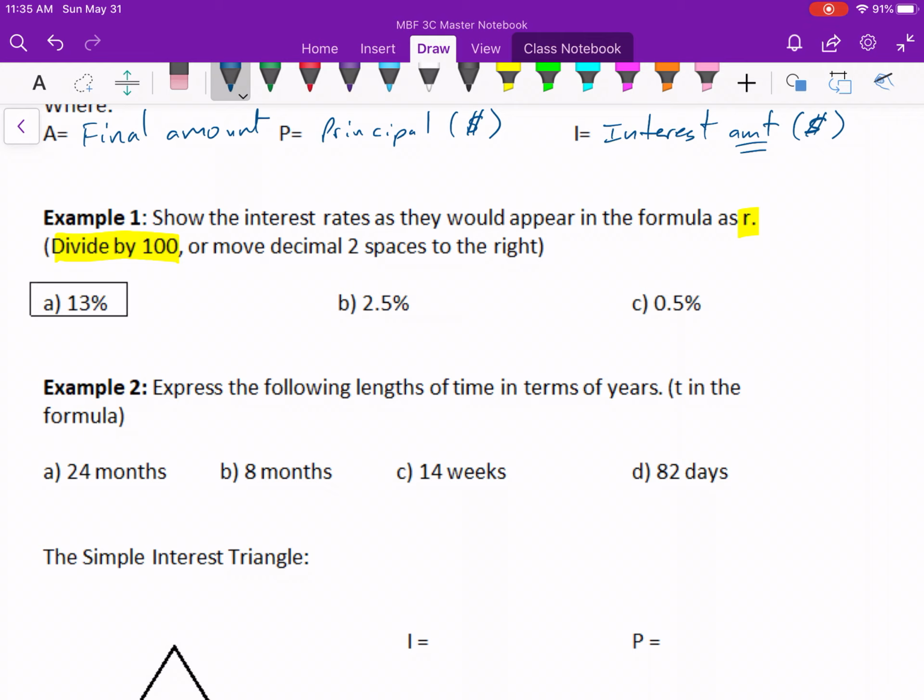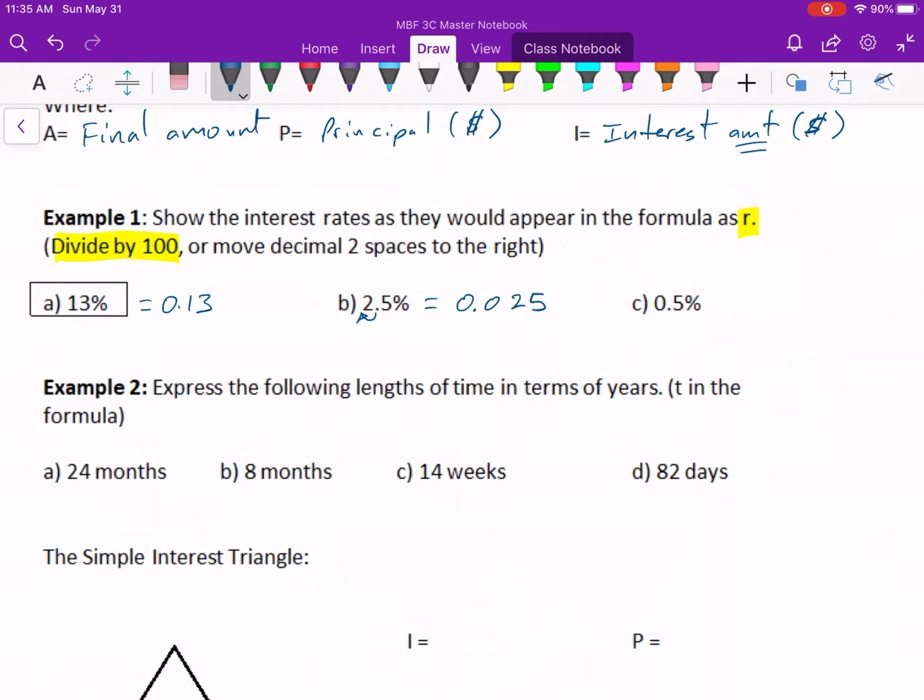So either way, dividing by 100 or moving the implied decimal 2 places, we get 0.13. I'm going to throw a 0 in front. If I move the decimal 2 places here, but if I just put it in front of the 2, that's only moving it 1 place. So I have to add a 0 and stick that in front. So 2.5% is 0.025. So again, pay attention.